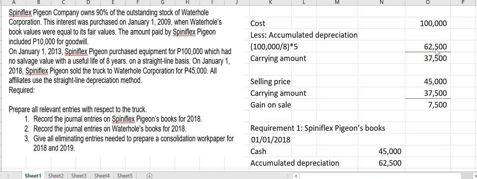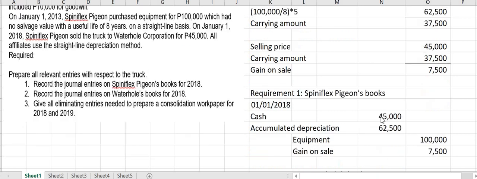That's 62,500, and then the carrying amount is 37,500, which is cost less accumulated depreciation. The selling price is 45,000 and the carrying amount is 37,500, so we have the gain on sale amounting to 7,500.